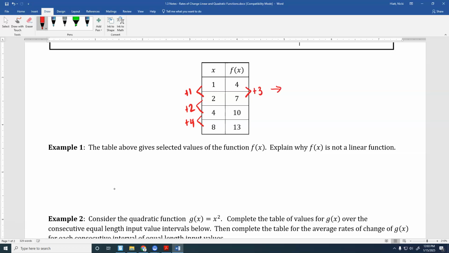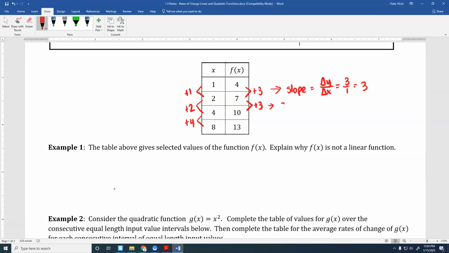That means my slope right here would be my change in y over my change in x, which would be 3 over 1, which would just be 3, right? But where we run into an issue here is from 7 to 10, this goes up 3.